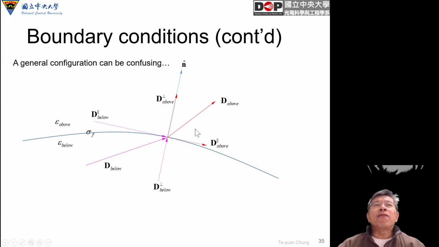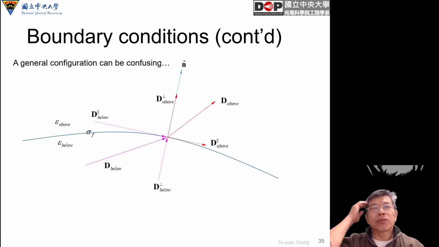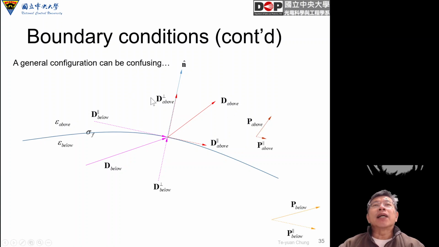But a very general configuration can be very confusing. Even though in the textbook it is just a very small paragraph, you should probably go through it. So here I just write things down and show you what it will be. You have D above and D below, with a perpendicular component along the normal direction and a parallel component, and a surface charge density.